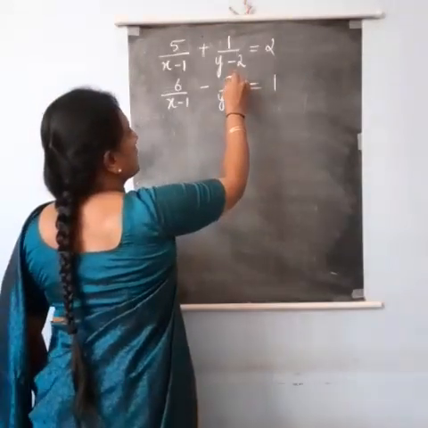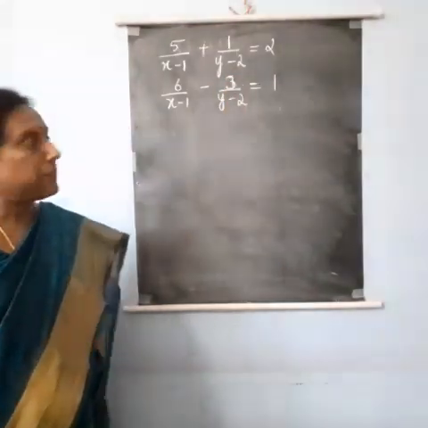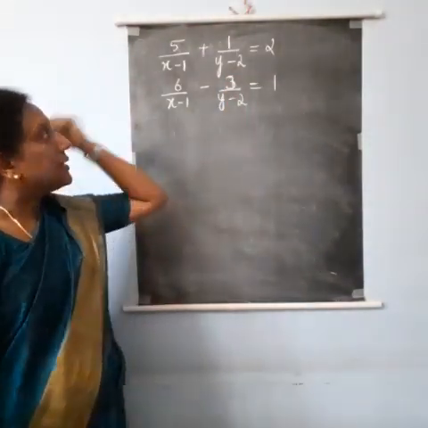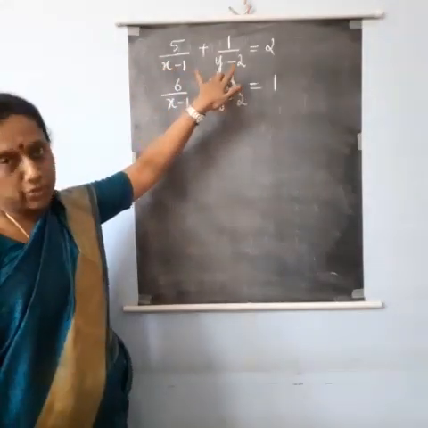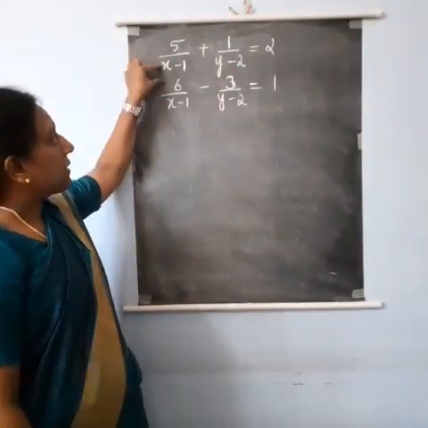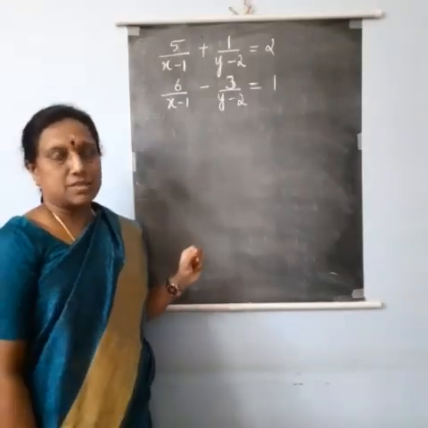Okay. So if this is my sum, then what happens is, now here we have x and y in the denominator, not separately, but as 2 terms.